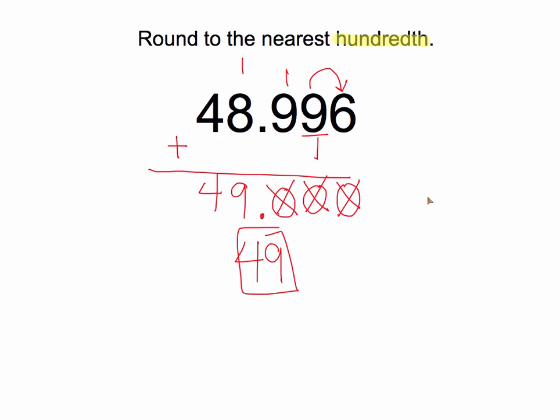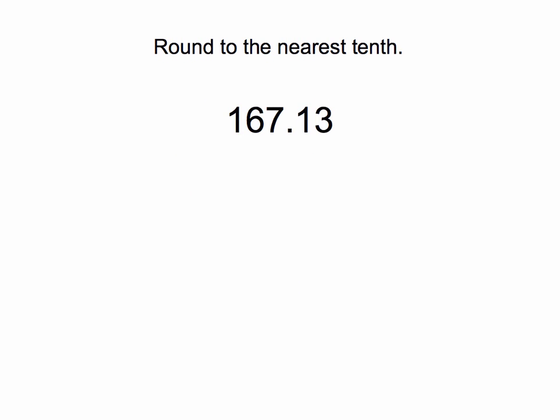Let's go ahead and look at one more example before we wrap up. This problem asks us to round to the nearest tenth. Go ahead and highlight that keyword, and I'm going to underline my tenths place, which here is a 1. We're going to look next door to the right. The 3 says stay the same. 0, 1, 2, 3, and 4 say stay the same.